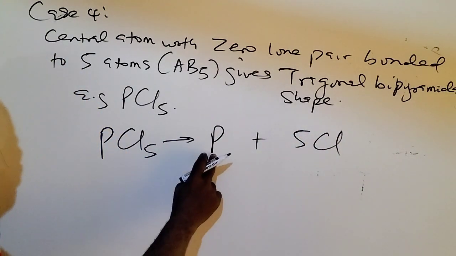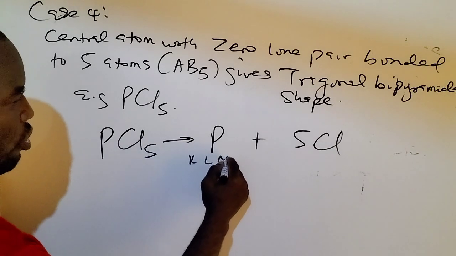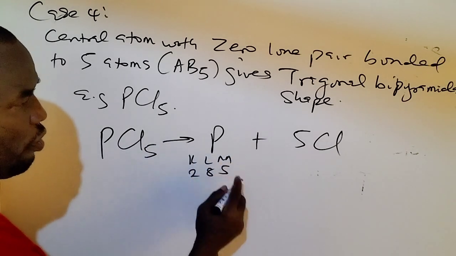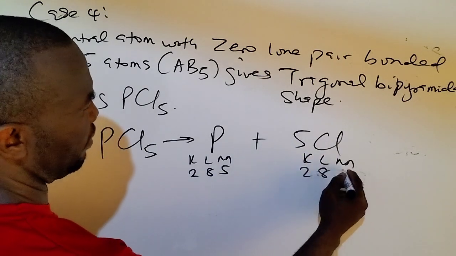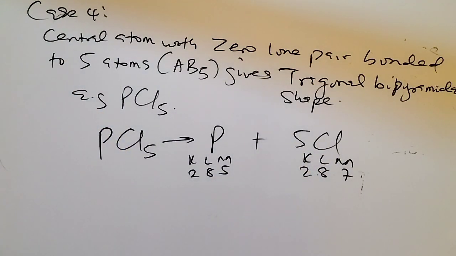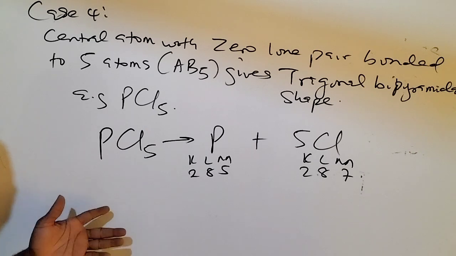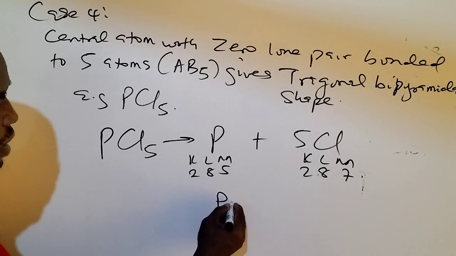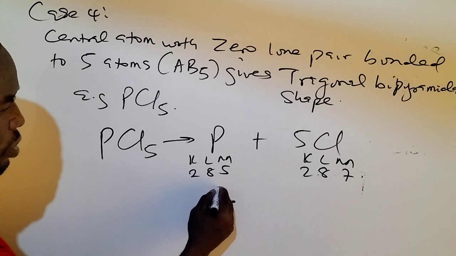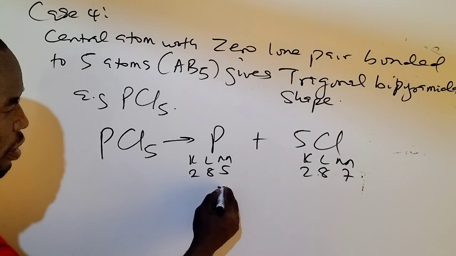The atomic number of phosphorus is 15. You write the electronic configuration, you have 2, 8, 5. Chlorine, you have 2, 8, 7, that is 17. Now, having done that, what do we now do? We now look at the bonding sequence. So phosphorus, by the way, has 5 electrons in the outer shell: 1, 2, 3, 4, and this one, 5.